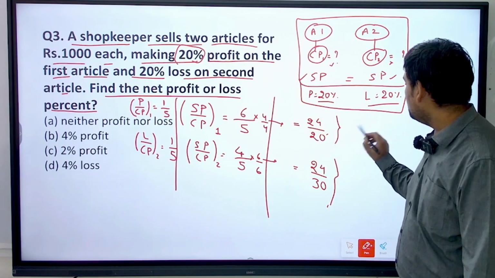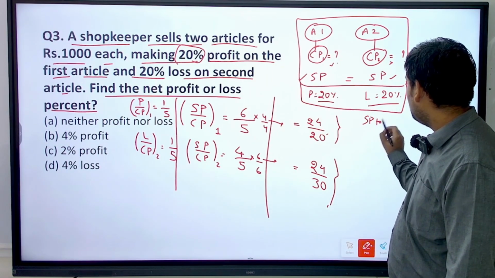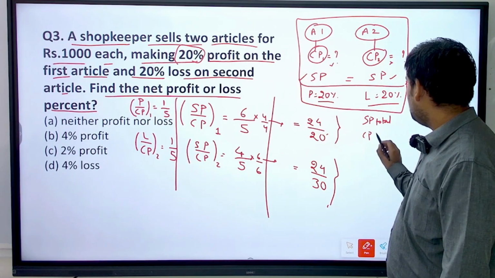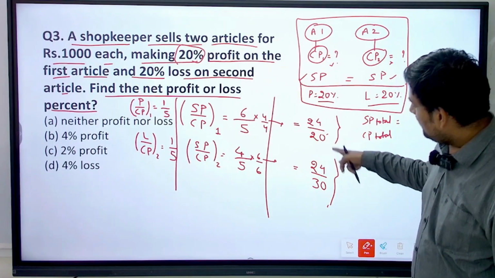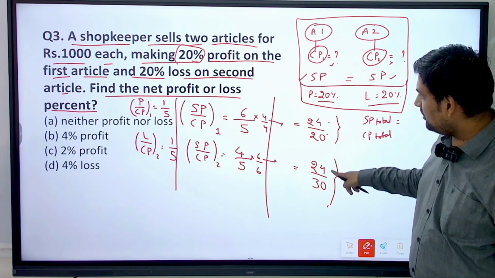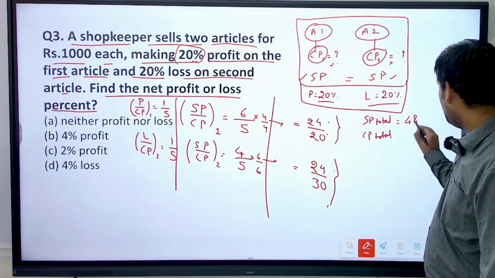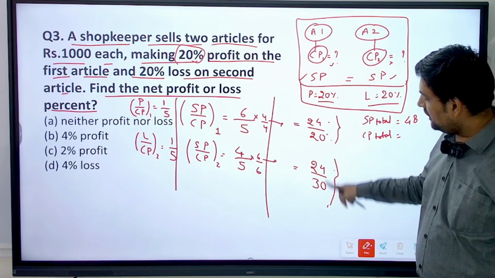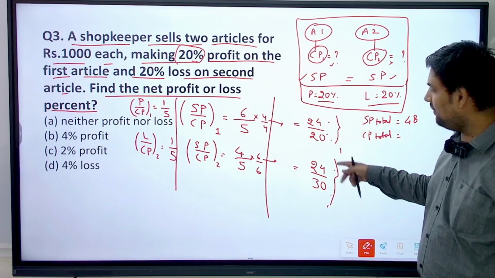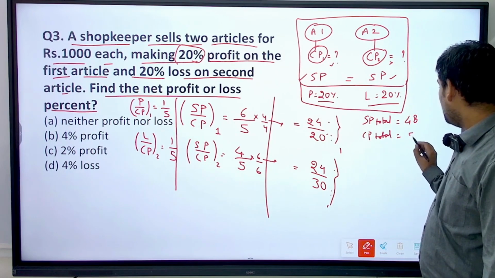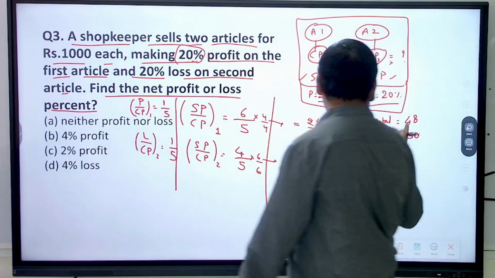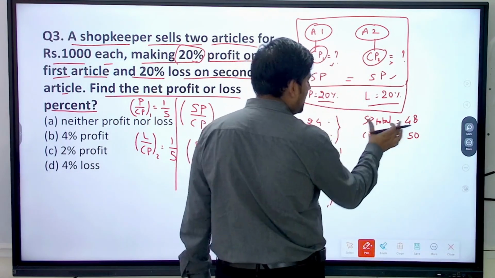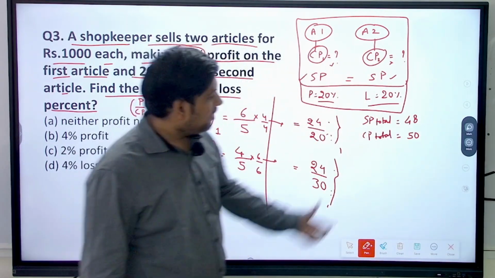Now, you just need to calculate SP total and CP total. Selling price total is 24 plus 24, that is 48. Now, cost price total is 20 plus 30, we are calling it overall, so cost price total is 50. Correct? Clearly, cost price is more than selling price.